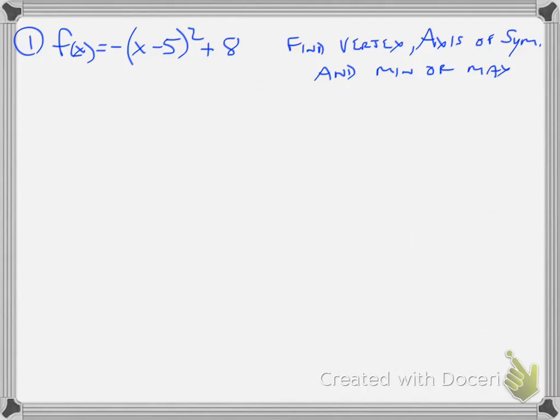Well, my vertex comes from the h and k. It's shifted right 5. That means the h is equal to positive 5. The k is positive 8. So my vertex is going to be 5, 8. My axis of symmetry is x equals 5.